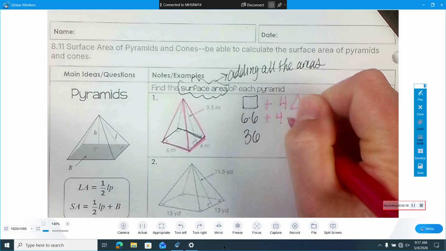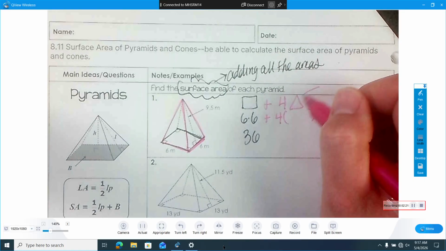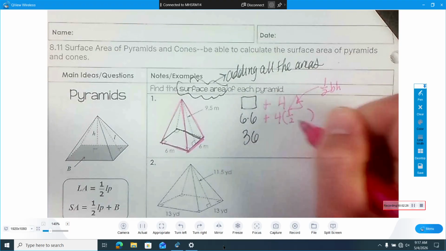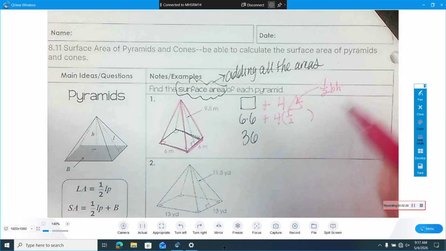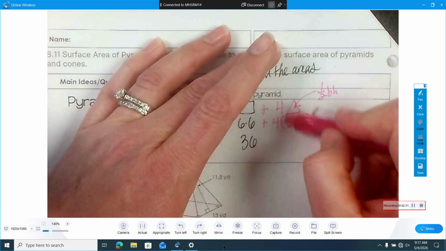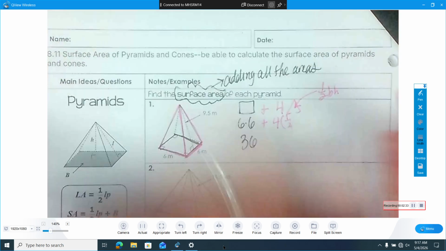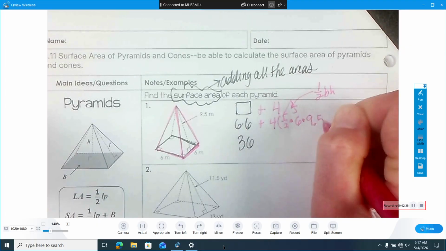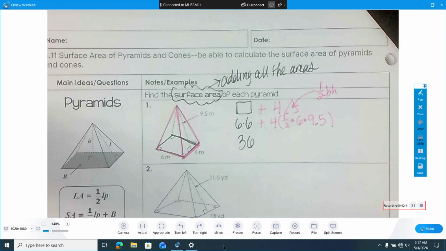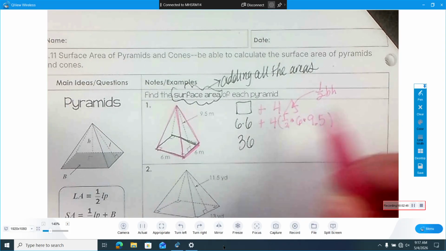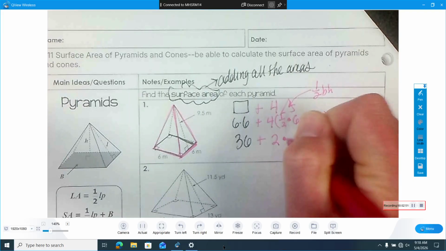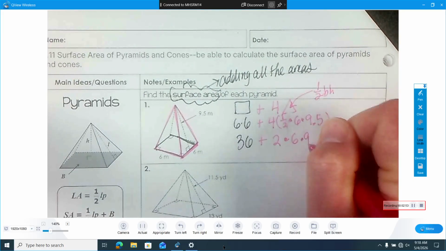So we have 4 triangles, and how do we find the area of a triangle? 1/2 base times height. And so we have 4 of those. We're going to do 1/2 times the base of 6 times the height of 9.5. So what is 4 times 1/2? 2, yeah. So this is really 2 times 6 times 9.5.